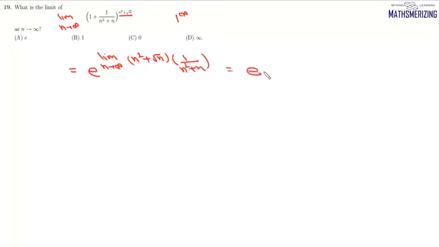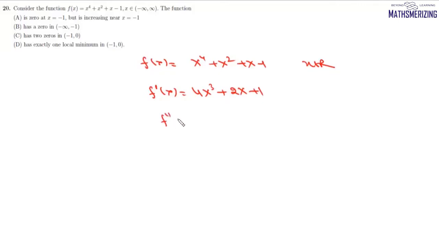So it will be e to the power this limit n tends to infinity of (n square plus under root n) upon (n square plus n). Now since it is an infinite limit, we look at the highest power of n. The coefficient of the highest power of n in the numerator is 1 and in the denominator is also 1. So it will be nothing but e to the power 1, that is e, and that's your option A.